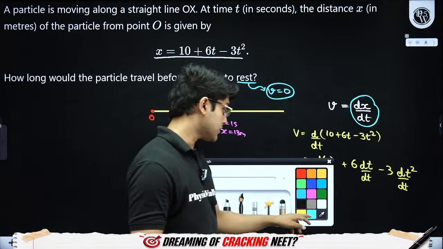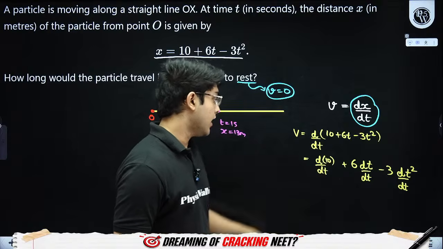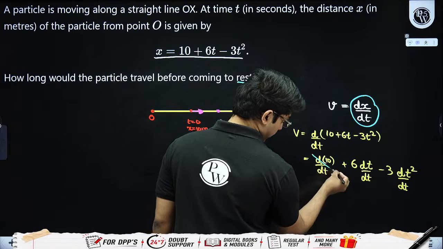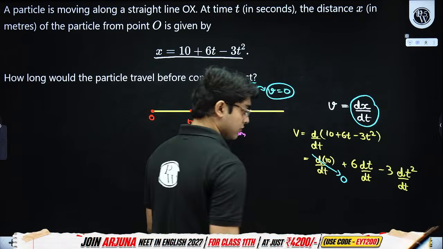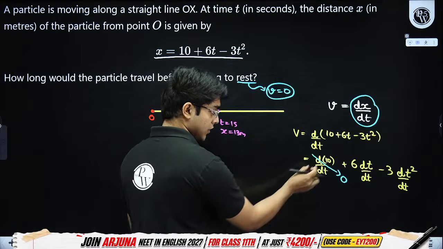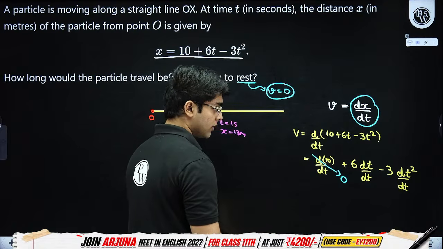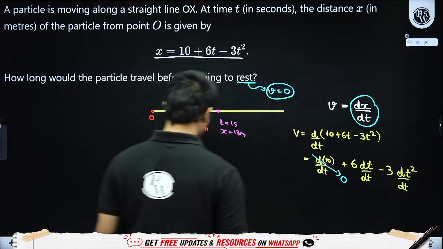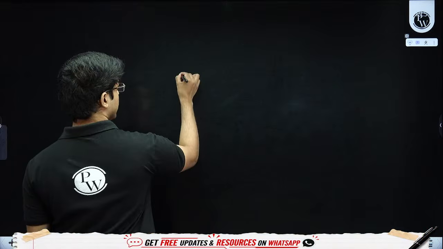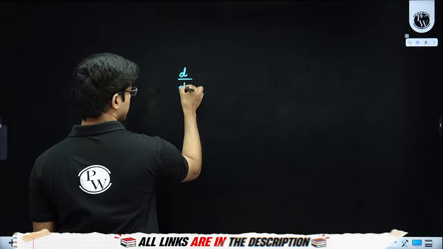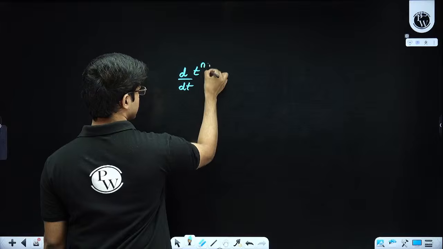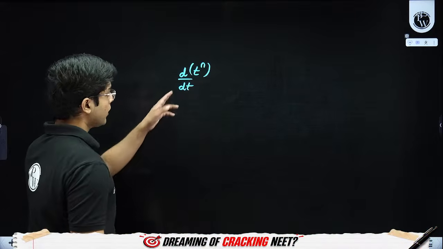Okay, now there are some rules to this. Differentiation of a constant is 0. Here 10 is a constant, so that will be 0. Then if you want to differentiate a polynomial, something like t raised to n, this is a standard formula, okay?